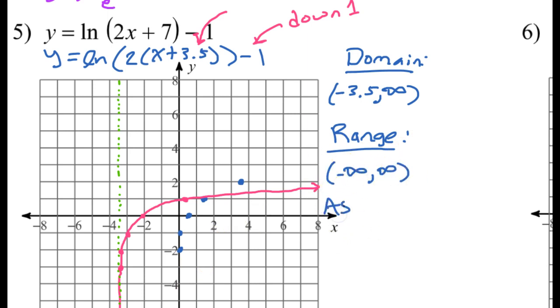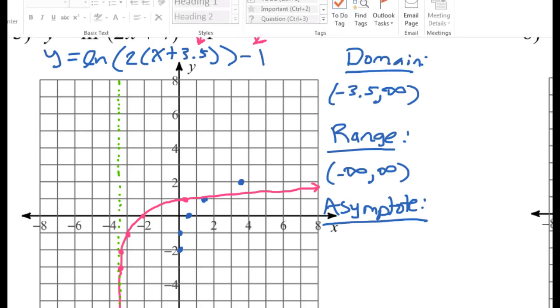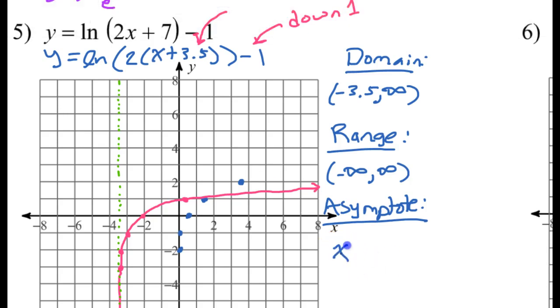And the asymptote is going to be not y equals, it's a vertical line, so I need to put x equals negative 3.5. Or negative 7 over 2, either way.